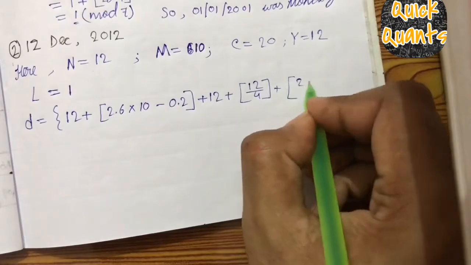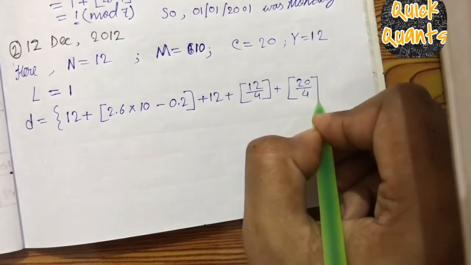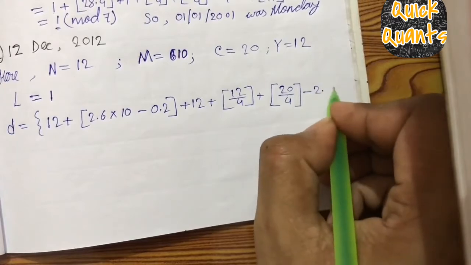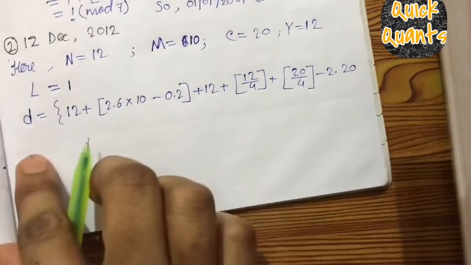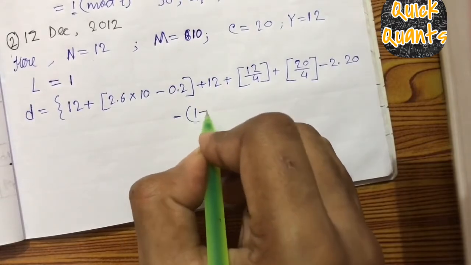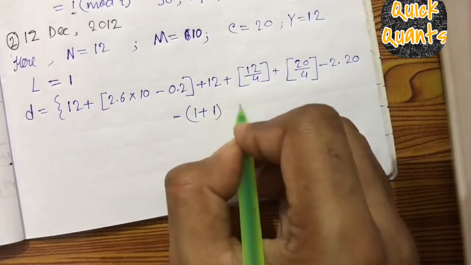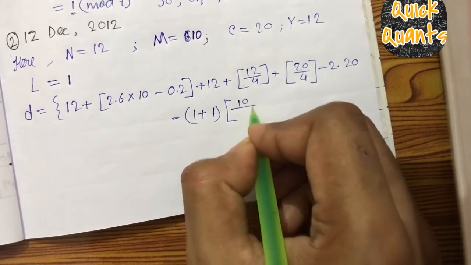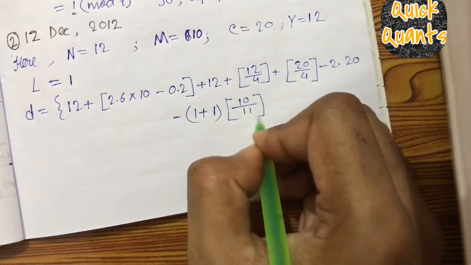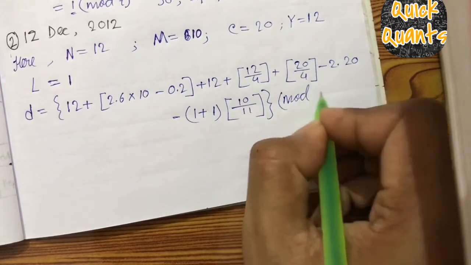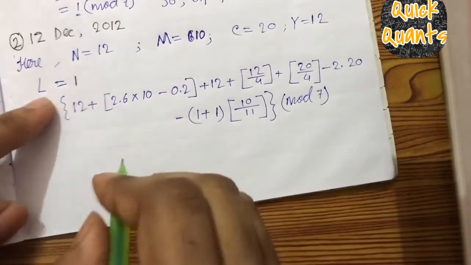Here C is 20 by 4 minus 2 into C. C is 20 minus 1 plus L. L is 1 multiplied by floor of M. Here M is 10 by 11, mod 7.